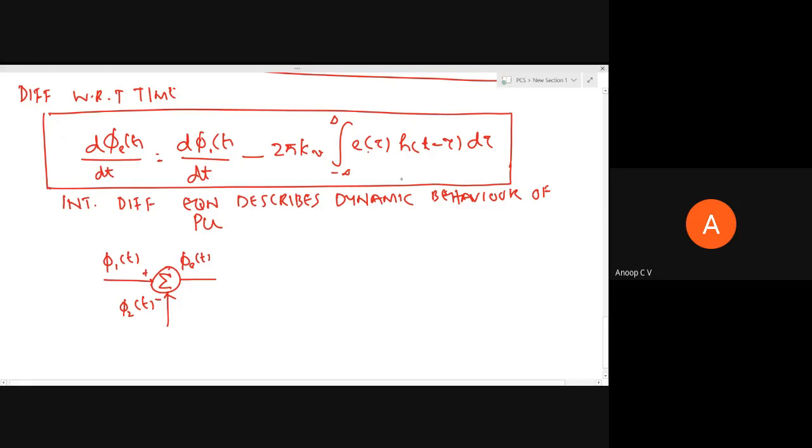Now what actually is this v of t or e of tau? If you have written it, e of tau is nothing but sine of phi e of t.